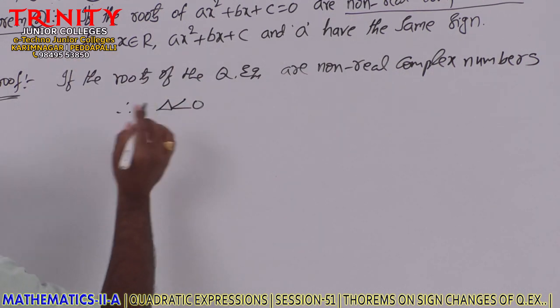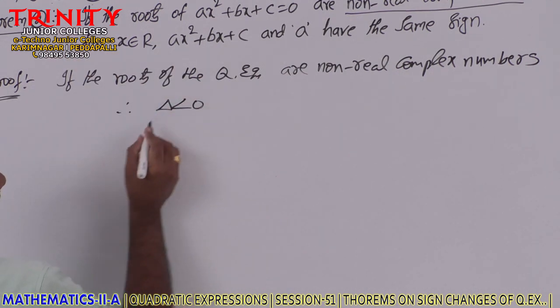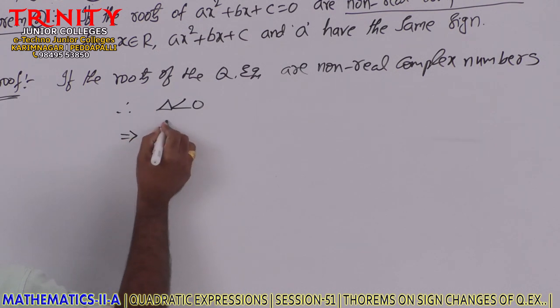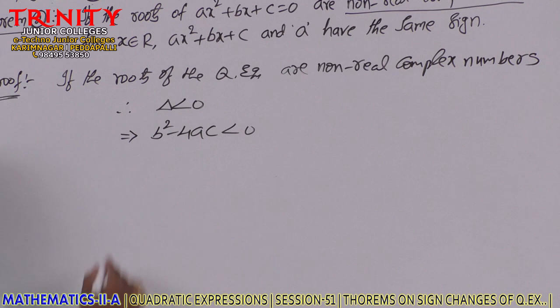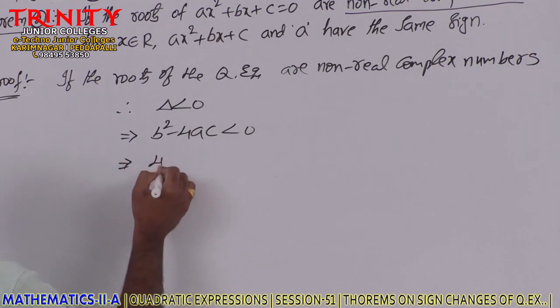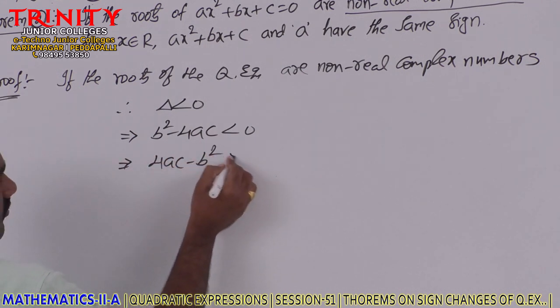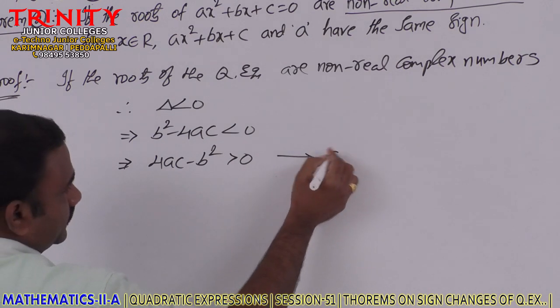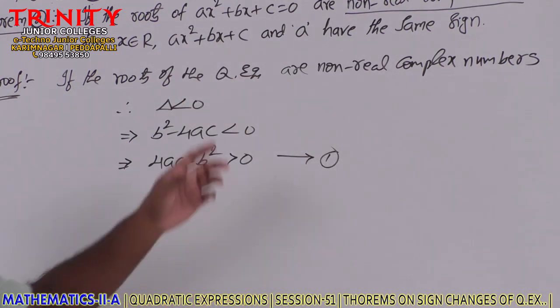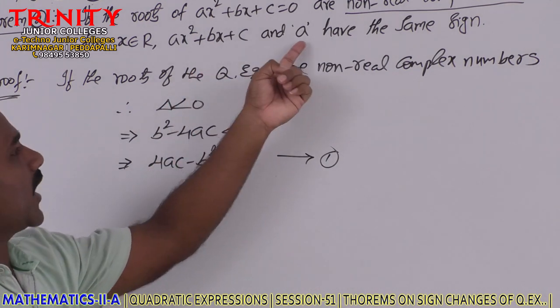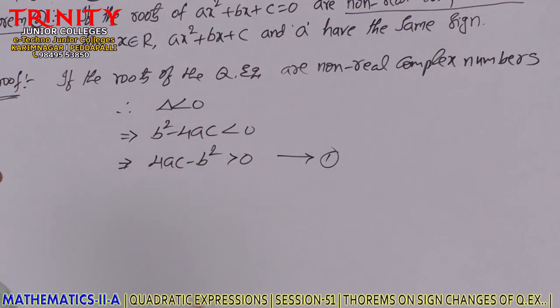Discriminant less than 0 is nothing but b square minus 4ac is less than 0. From this we can say that 4ac minus b square is greater than 0. This one I am taking as equation number 1. Now we have to prove these two have the same sign by using this condition.